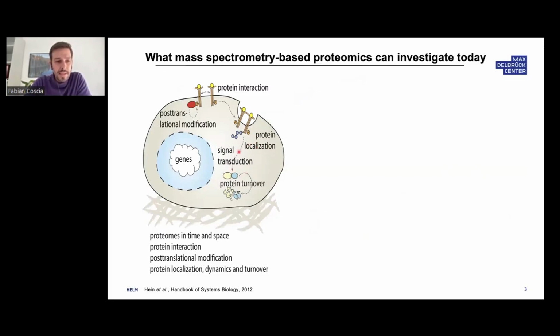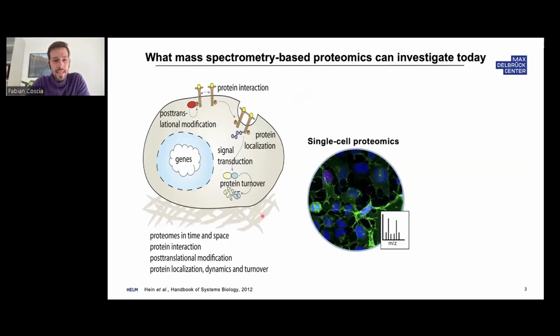We can study post-translational modifications, so signaling networks that are happening basically every second in our cells. We can look at protein turnover measurements to see which proteins are generated and which are degraded. We can also use these techniques to look at proteins in time and space, to explore the extracellular matrix, for instance, and also as very important readouts to understand diseases at the global protein level.